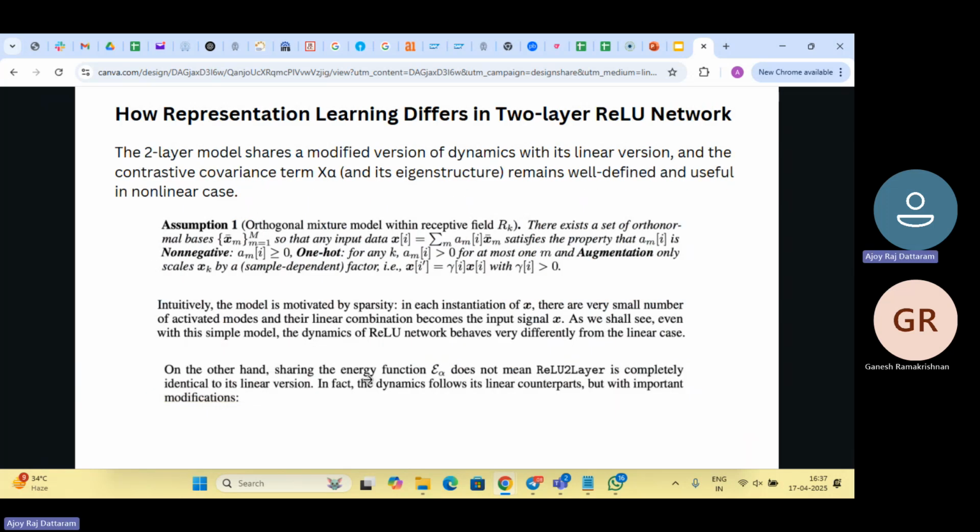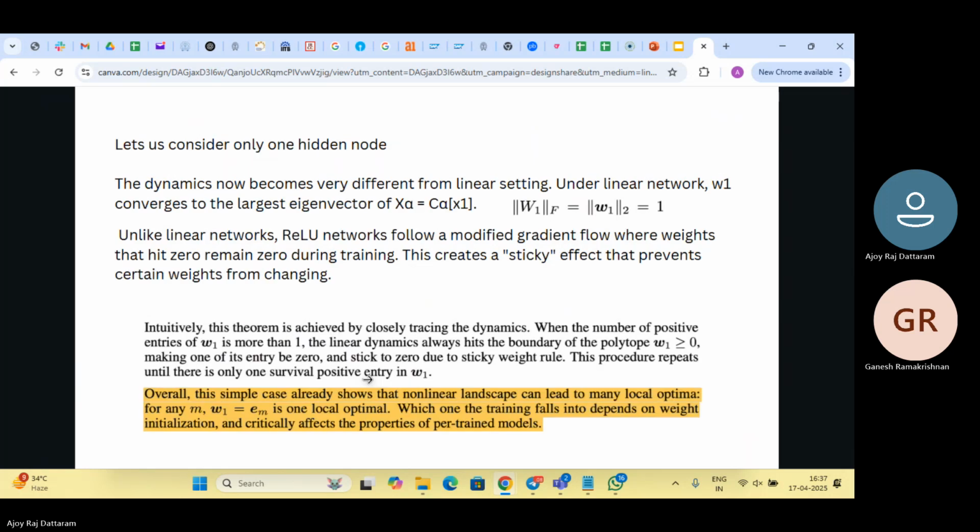The paper talked until there, and this is the new section they have started. Unlike the linear network, the ReLU networks follow a modified gradient flow where, if a weight goes to 0, the sticky effect prevents certain weights from changing.